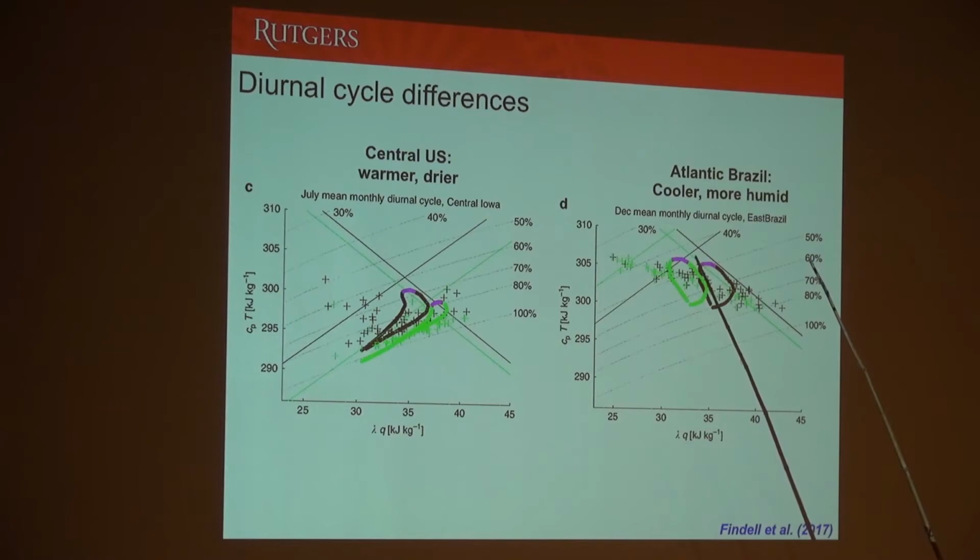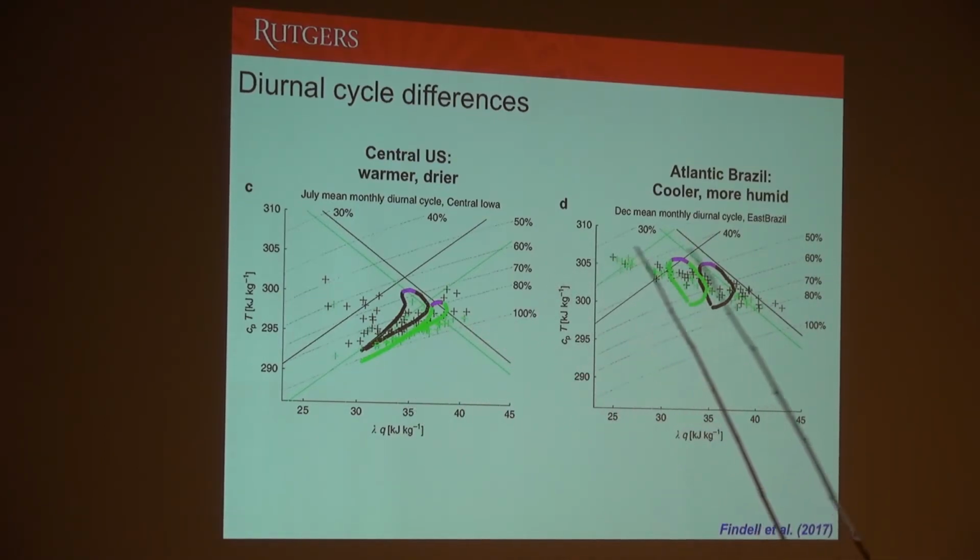Essentially what it's showing you here in black is the mean diurnal cycle for July in the modified climate, in the presence of the land use change, and then the diurnal cycle in green, which would be more characteristic of the natural vegetation that used to exist there.